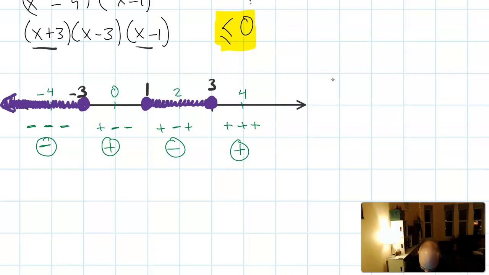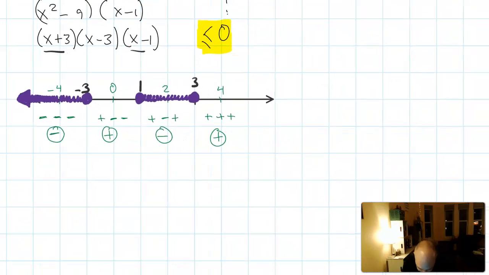So I have an infinite interval to the left and also a little finite interval from 1 to 3 in the middle. And the other parts where it was positive, that would be where the graph is above the x-axis, not below. We don't include those in our solution set.